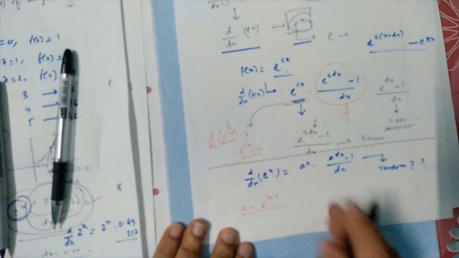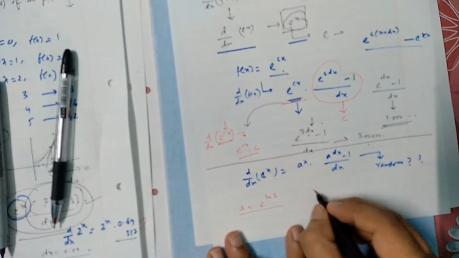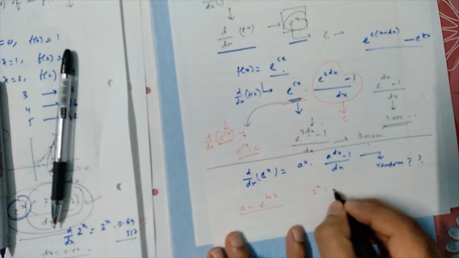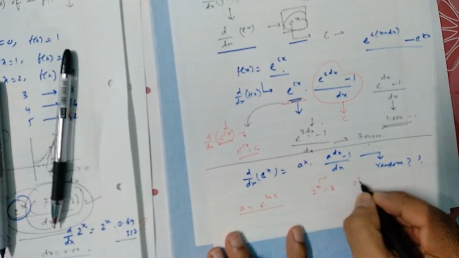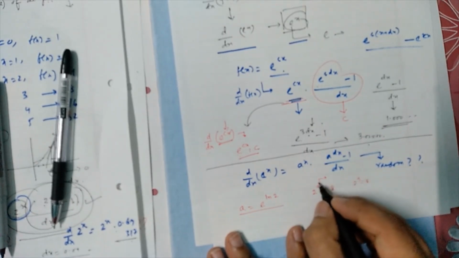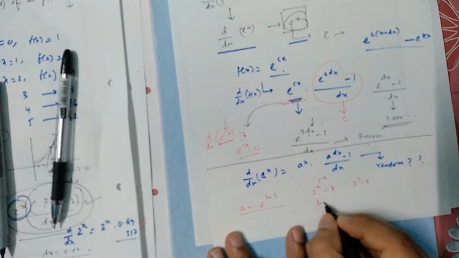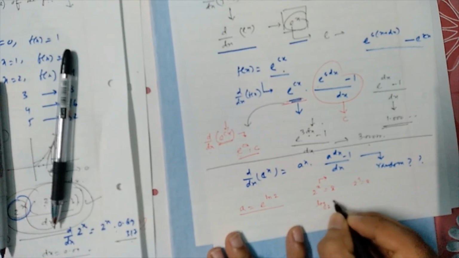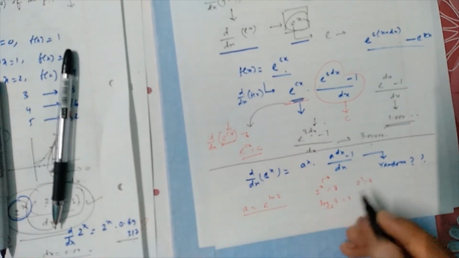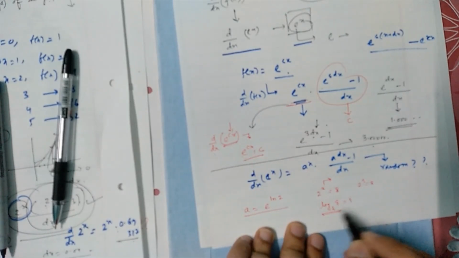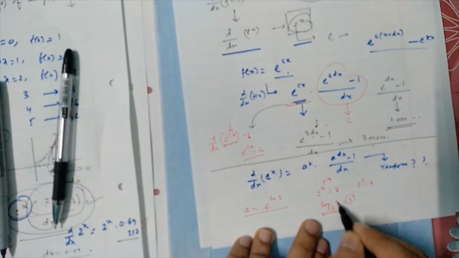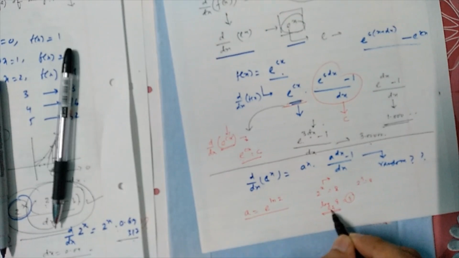So how can we write this? 2 to the power x is equal to 8. That means x is equal to 3. So how do we find x? That means log of 8 to base 2 is equal to 3. So log of 8 means what? 2 to the power what is 8?